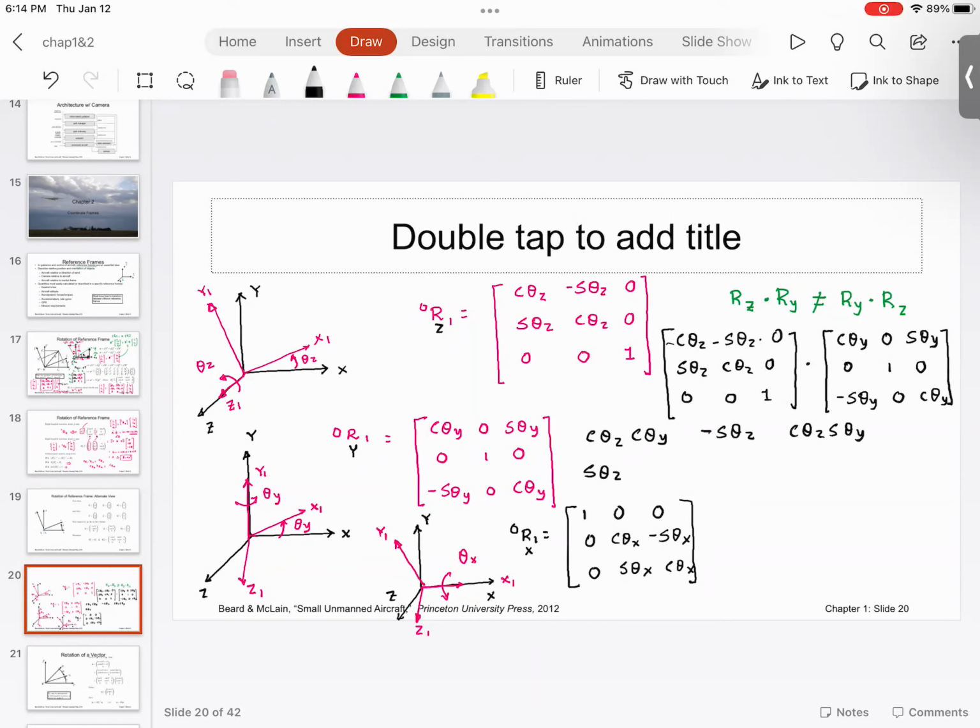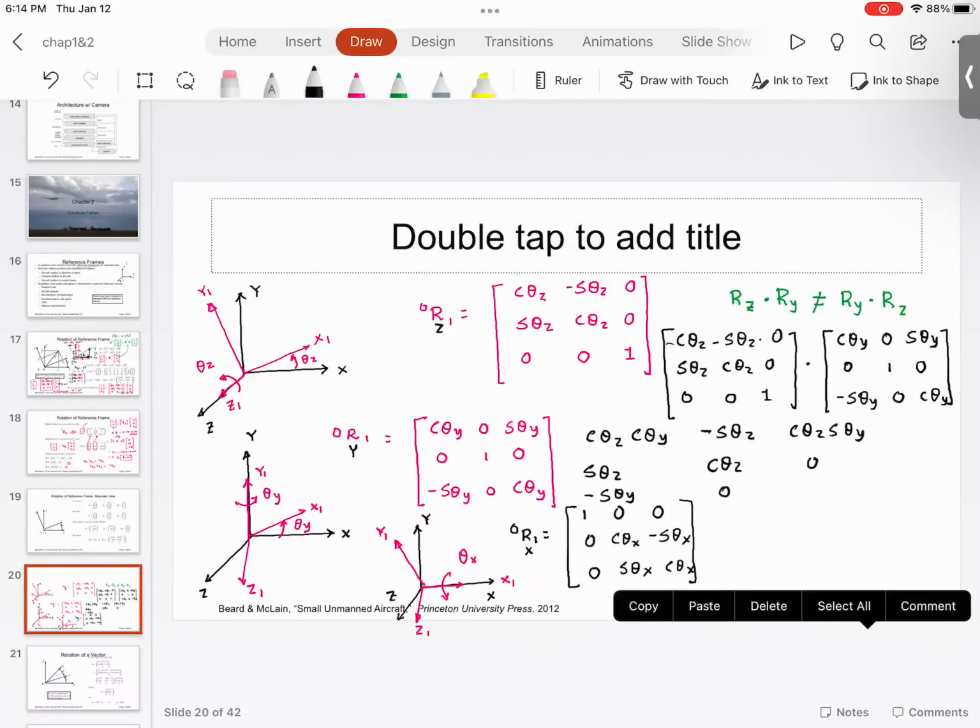Then I get cosine theta z, and then I get 0 here. And here I get minus sine theta y. I get 0, and I get cosine theta y. So this is the resultant of the multiplication on the left hand side.